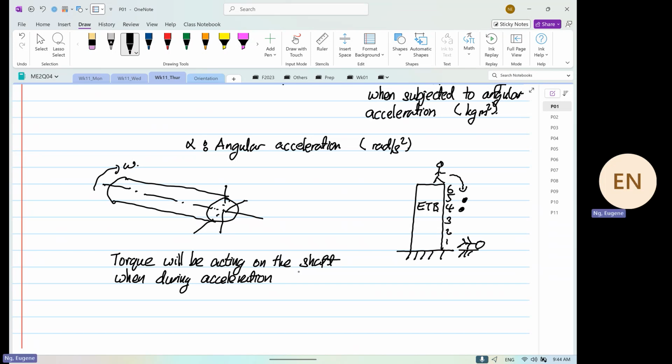So during acceleration, the torque is equal to I alpha. Or during sudden stopping.